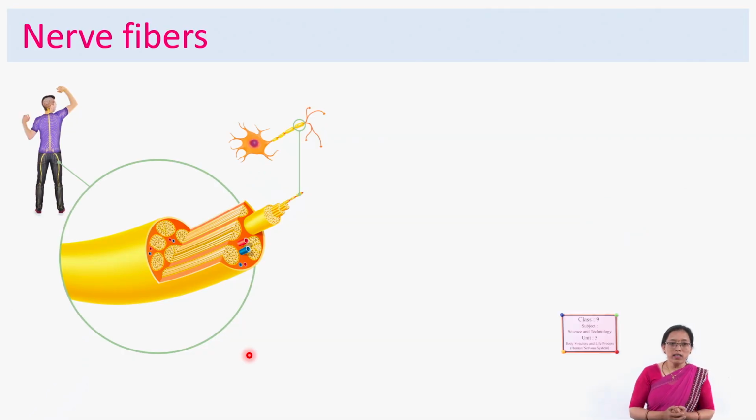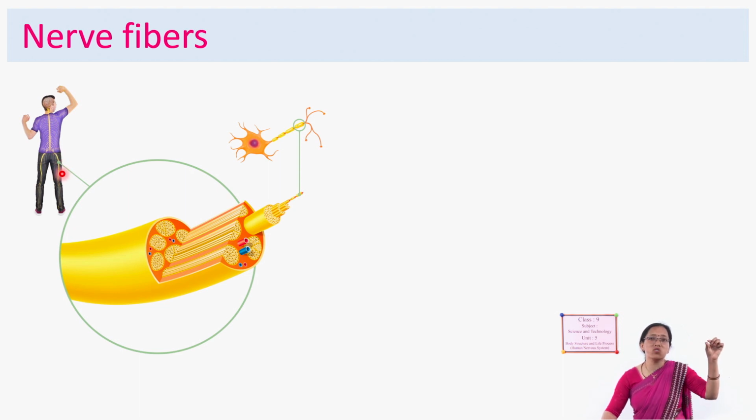Okay. See here in this picture, we can see the central nervous system: the brain, then the spinal cord. From there, different nerves arise and go to different parts of our body, connecting the different organs. These thin fiber-like structures which are made up of neurons are called nerve fibers.